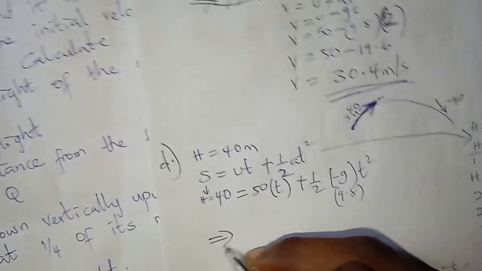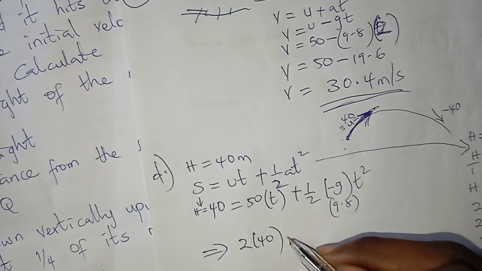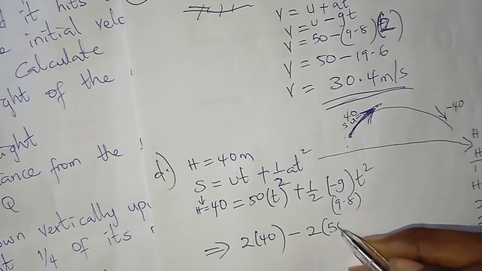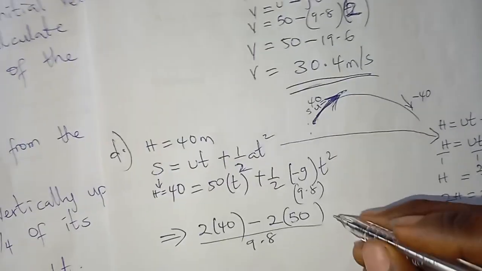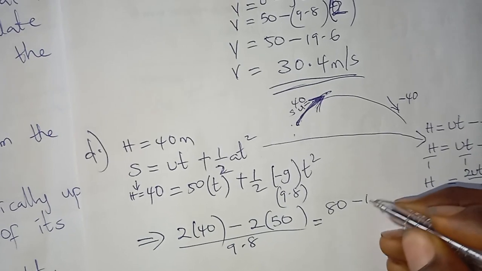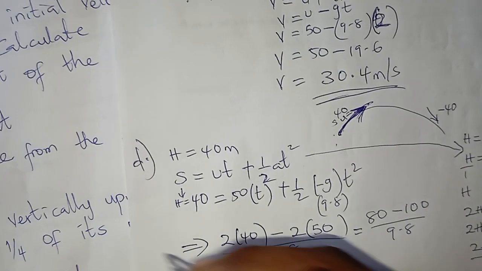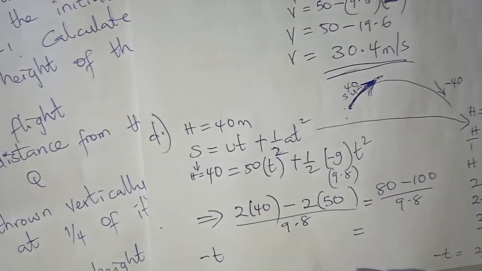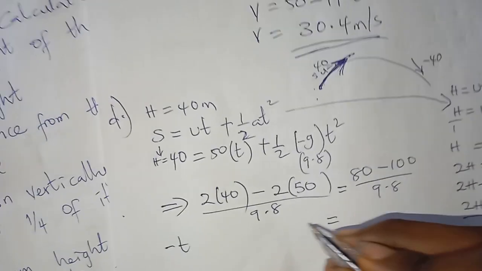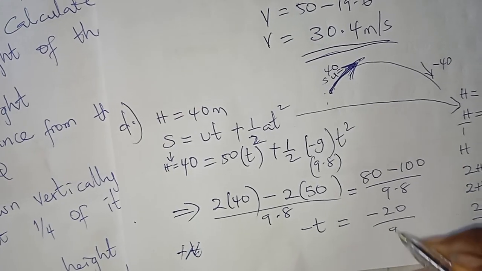I'll simply say 2 into h here is 40, then minus 2u, u is 50, all over 9.8. This is going to give me 80 minus 100 all over 9.8. Remember, minus t equals this, so minus t equals minus 20 over 9.8.